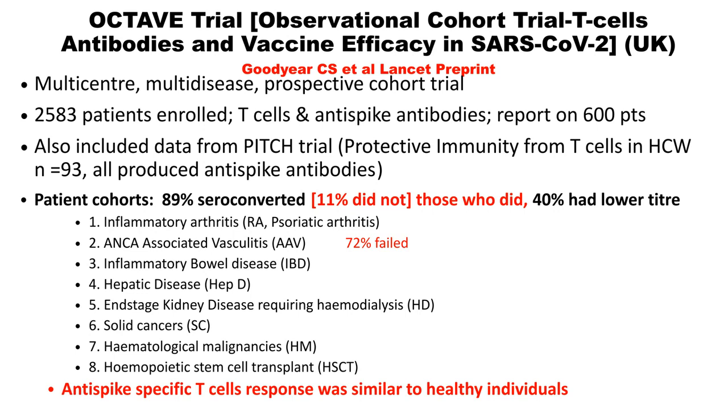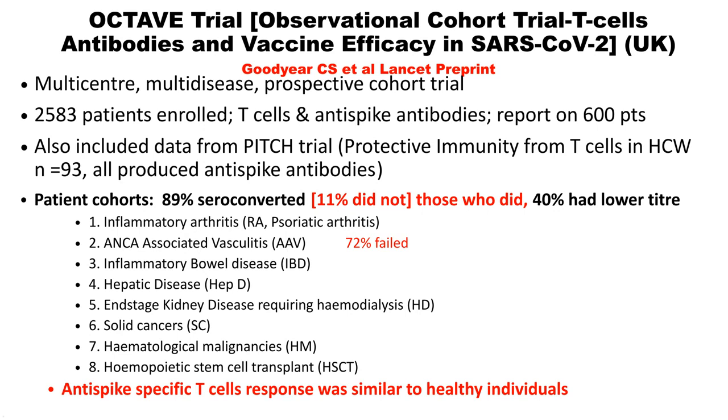And this has taken patients who are immunocompromised, like having inflammatory arthritis, rheumatoid arthritis, or psoriatic arthritis, ANCA-associated vasculitis, inflammatory bowel disease, hepatic disease, end-stage kidney disease, solid cancer, hematological malignancies, and hematopoietic stem cell transplant.